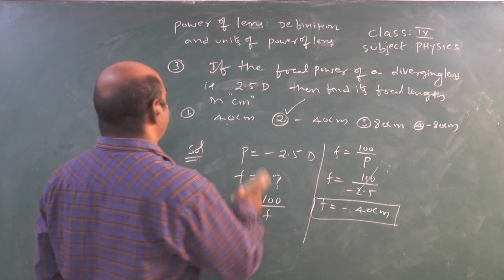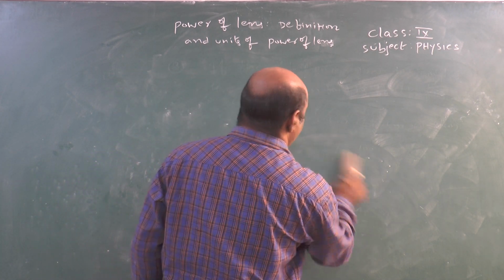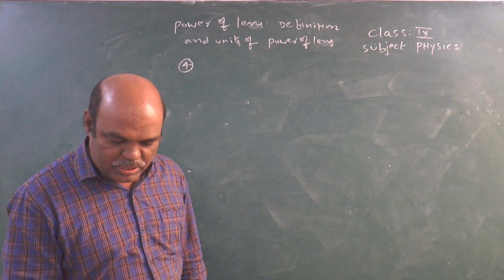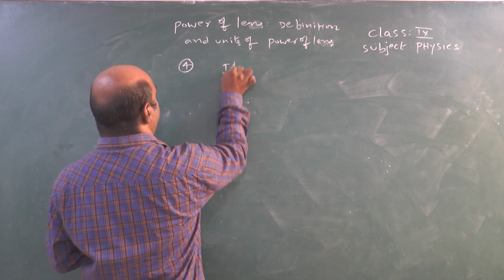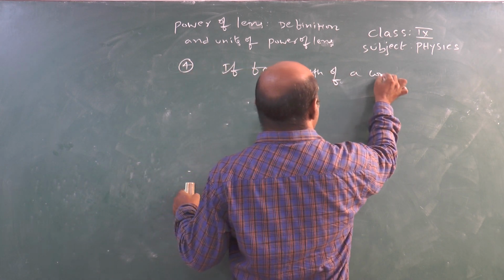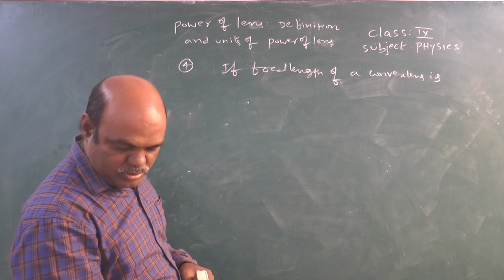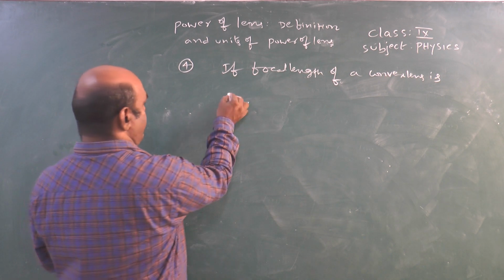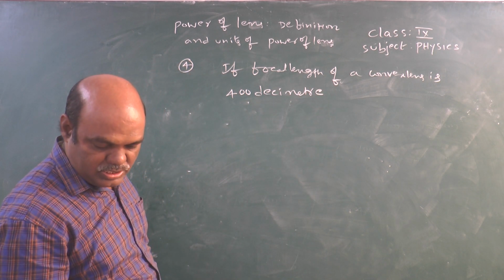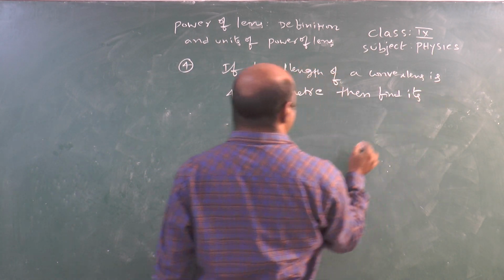Next, fourth one. If the focal length of a convex lens is 400 decimeter, then find its focal power.